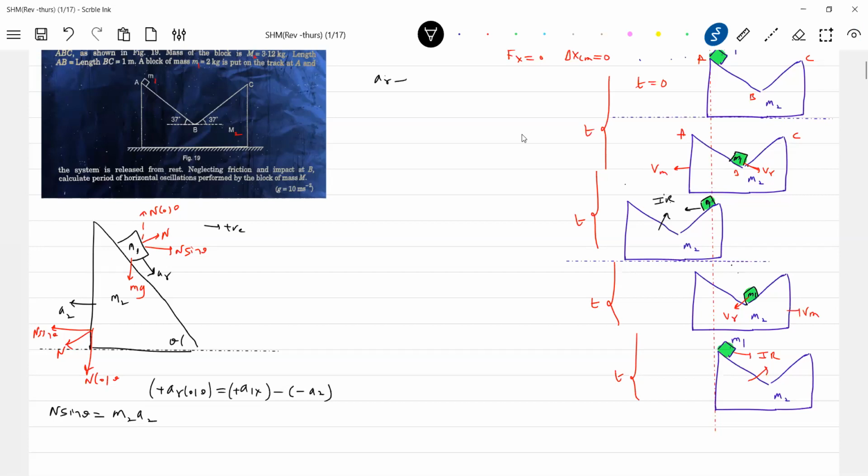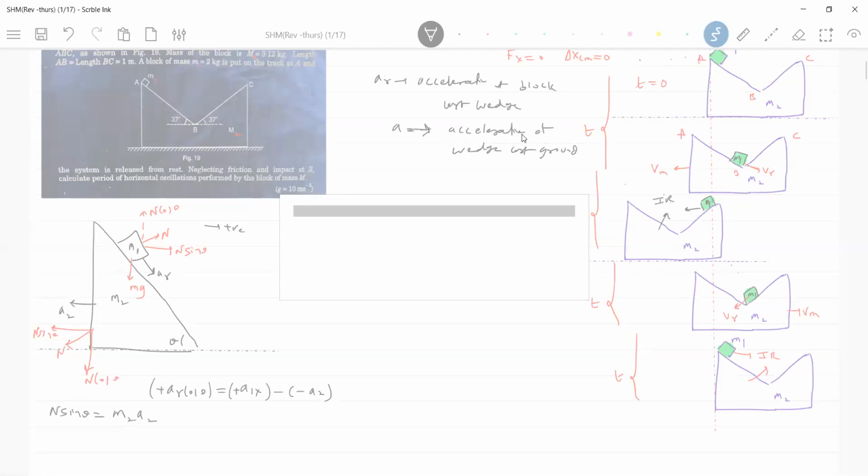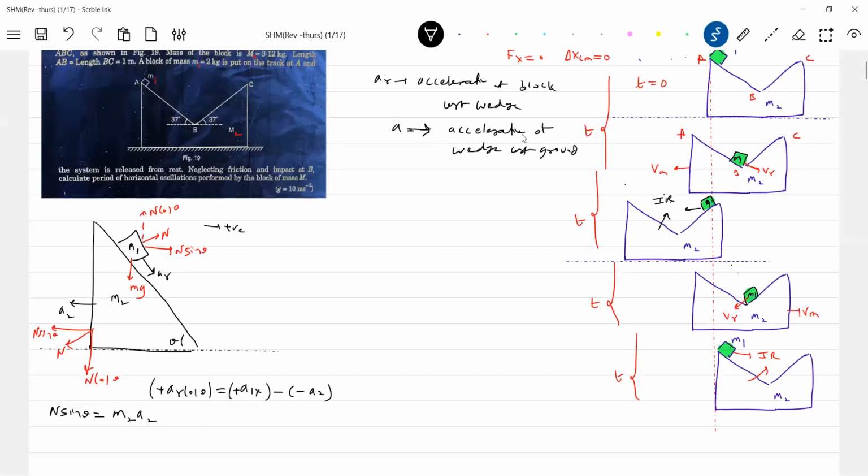Let me write the terms, it'll be easier. Okay, these are the major equations.